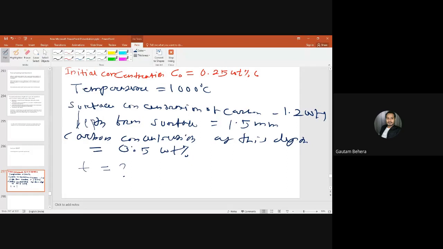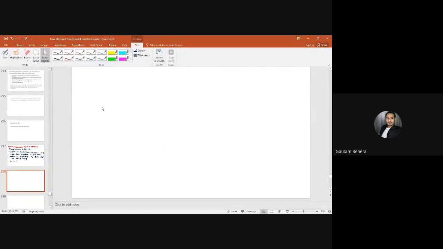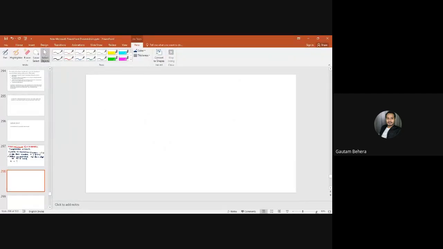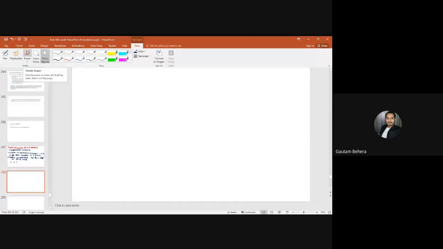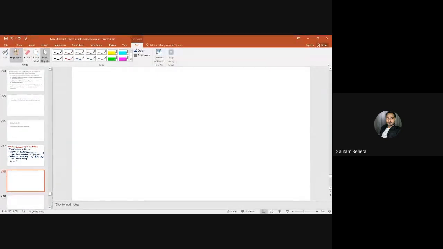This is the question. So how to solve this? What else is given? Obviously D0 is given. So the diffusion data are given.